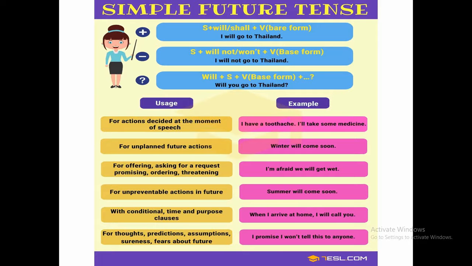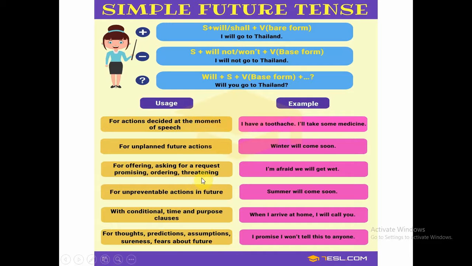Another use is to talk about an action that you didn't plan for, and we call it an action that you decided at the moment of speech. Other usages are offers, requests, promises, giving instructions or orders, and threatening someone.